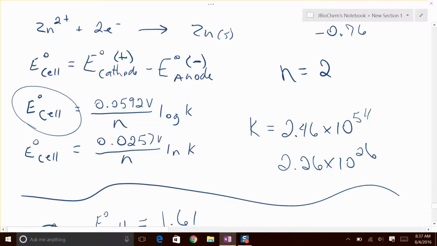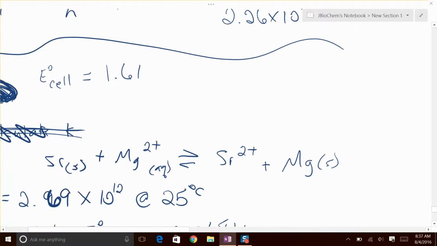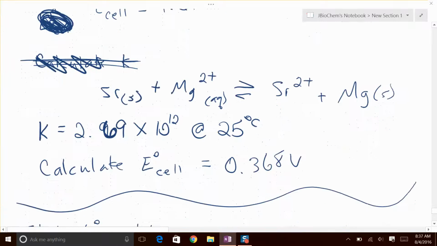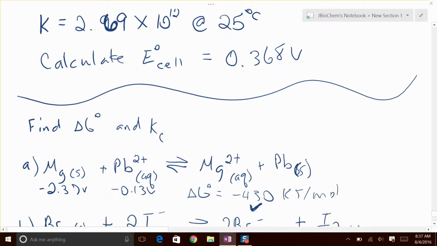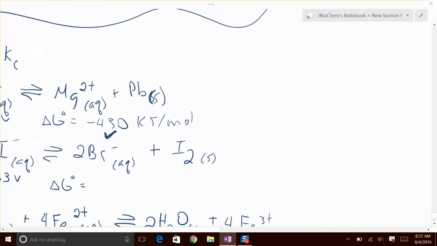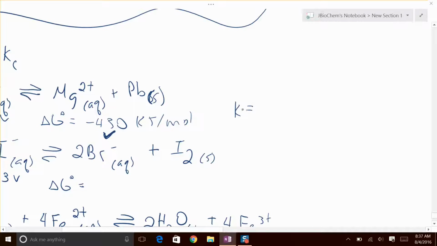The E naught of the cell is 2.25, divided by 0.0592 divided by 2. K equals 10 to 2 moles times your E naught of the cell, which is 2.25.